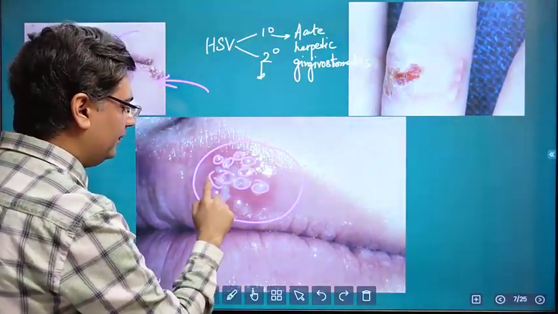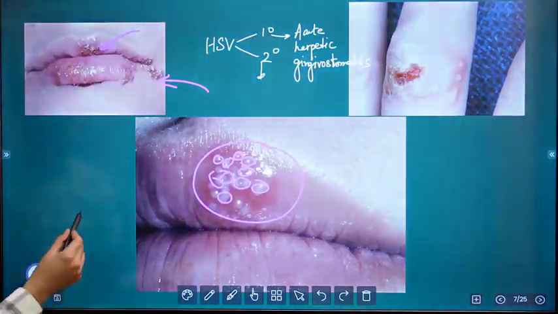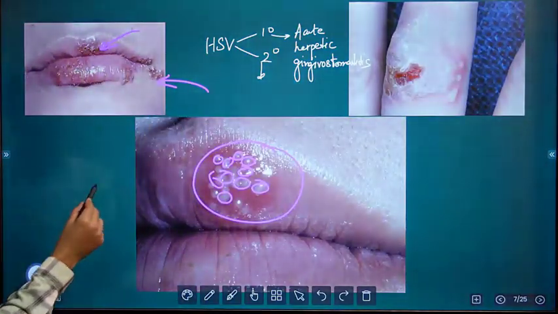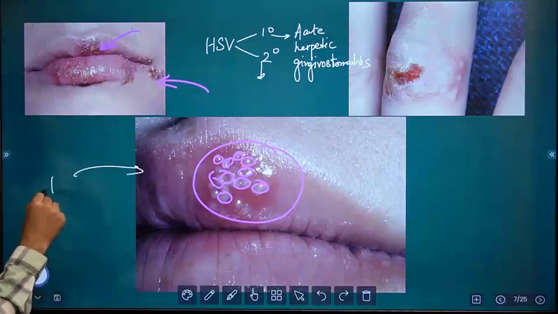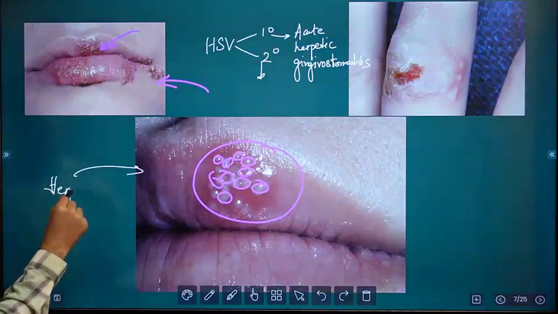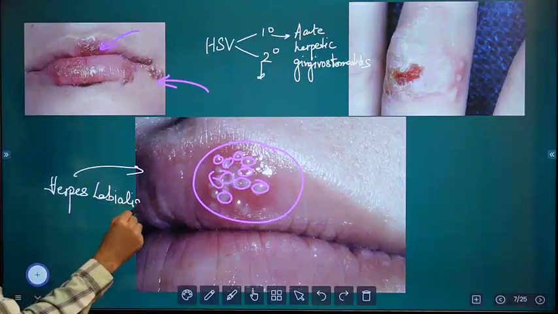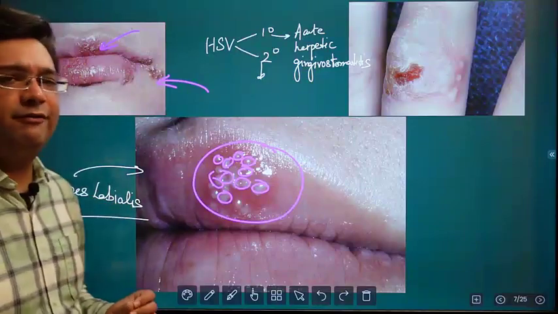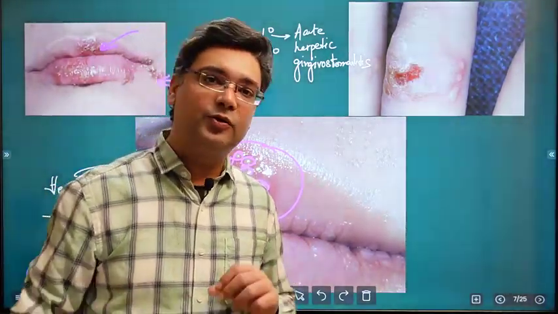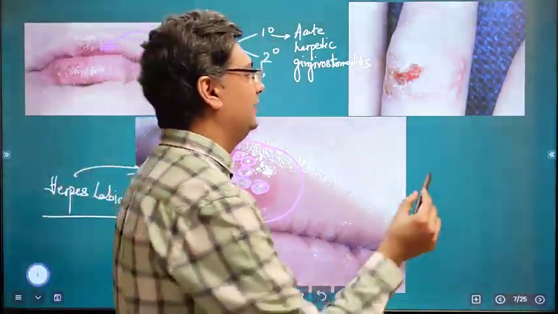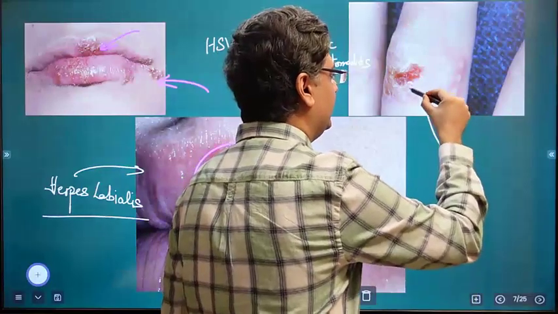So this herpes of the lips, which is a secondary infection, the reactivation of the virus, is called herpes labialis. Sometimes because of the reactivation of the virus, there can be herpes of the fingers.